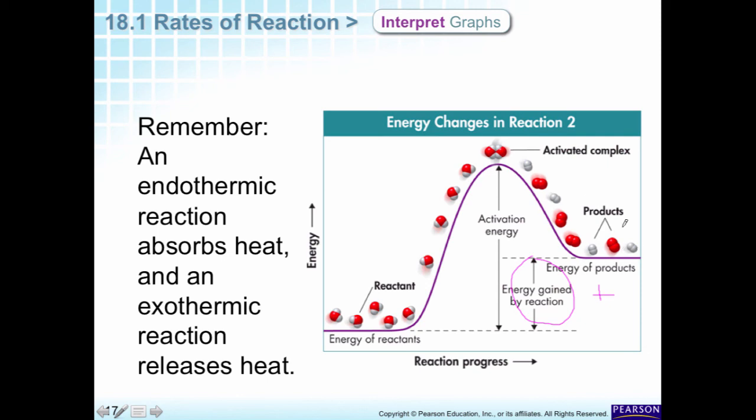The chemicals are gaining energy, and in the other case, when we're going the other way, they would be losing energy. So exothermic is negative and endothermic is positive, okay? So that's something we're going to need to know. So endothermic absorbs the heat, exothermic releases the heat.